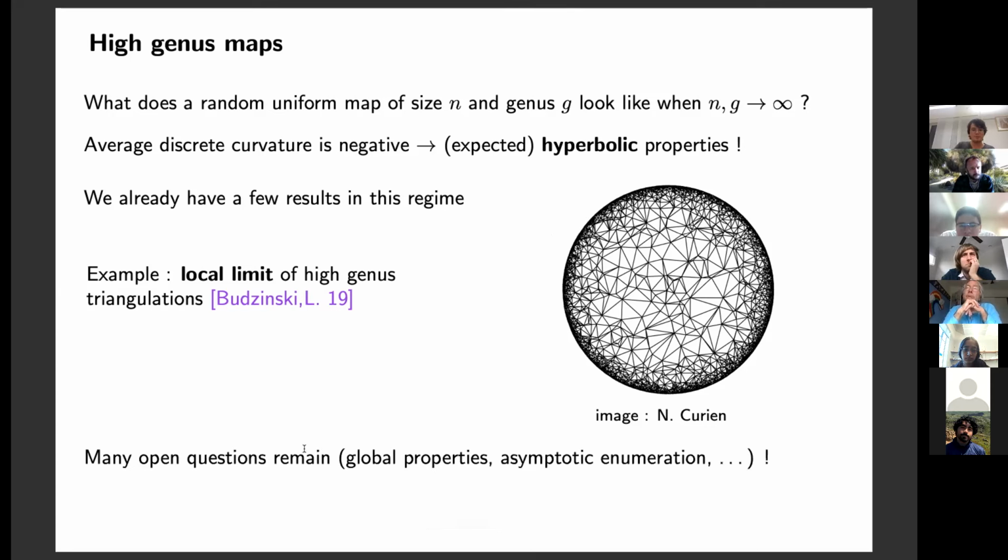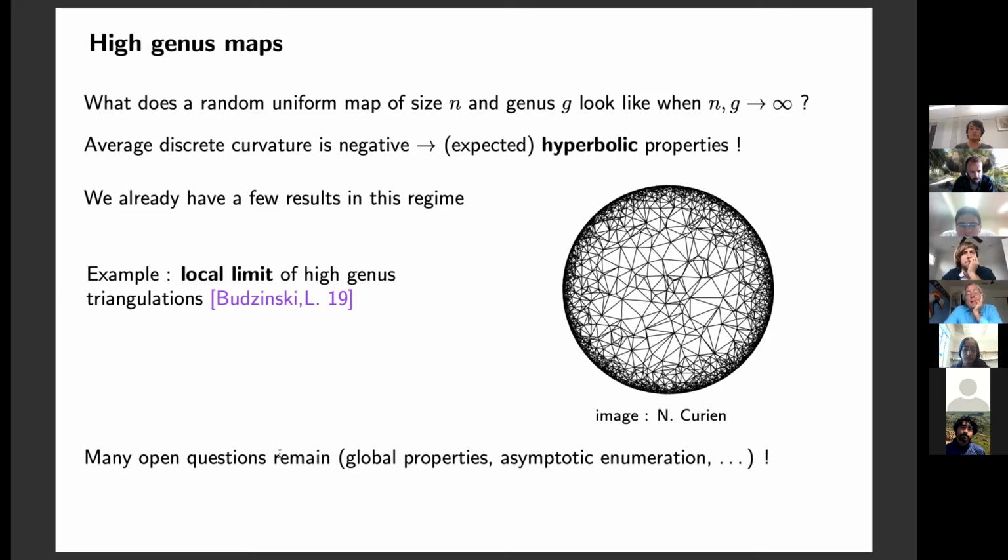And of course, there are many open questions that remain. This is a very new field. Now that we understand the local properties, we want to understand the global properties of this object. We also want to enumerate this object, because if you want to count things, when there is one parameter, it's quite well understood.